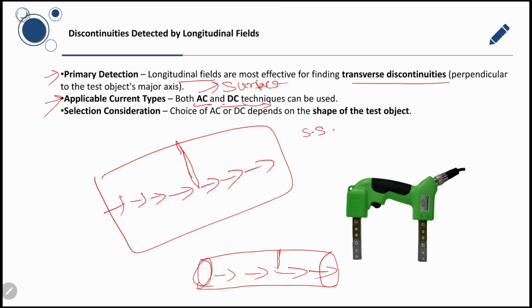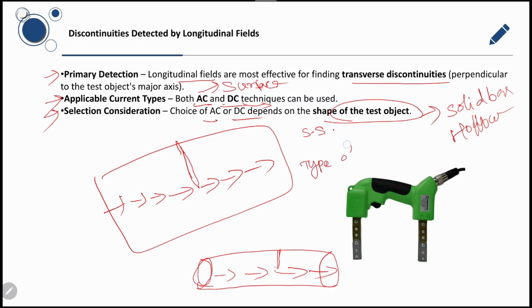The next one is selection consideration. The choice between AC and DC depends on the shape of the test object, that means whether it is a solid bar, a hollow tube or plate, and the type of defects expected, like surface or subsurface.